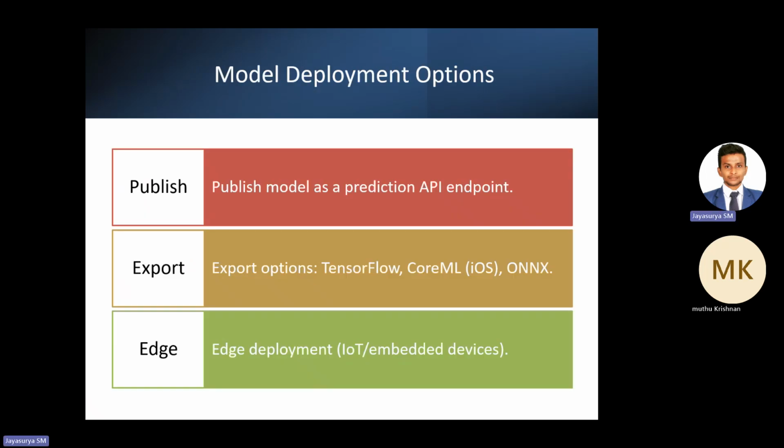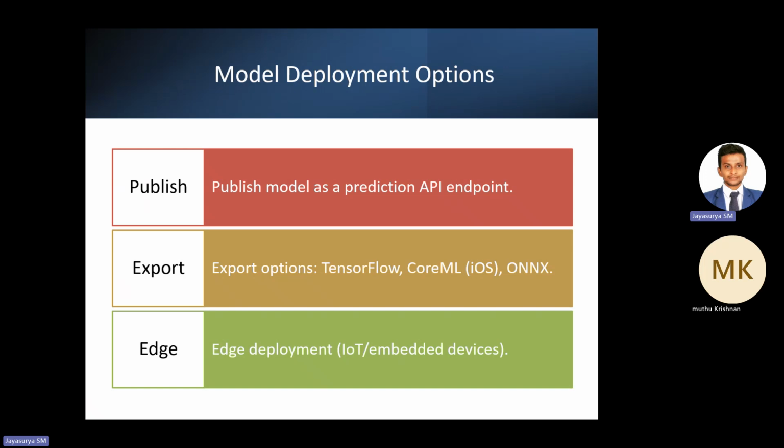The model deployment options. The first thing is that we'll be publishing the model as a prediction API endpoint, and we'll be exporting it to TensorFlow or Core ML for the iOS people. And that's all for the accuracy building.